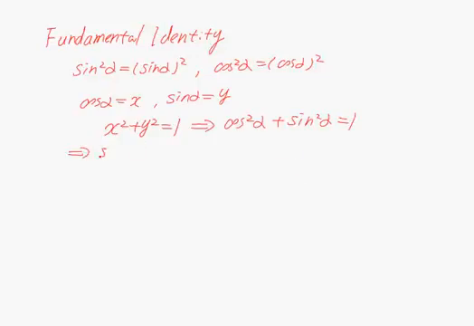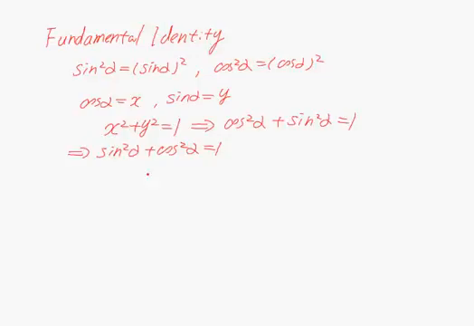Generally we write sine squared alpha first and cosine squared alpha second. This is a simple but very important and fundamental identity in this class. You need to memorize it. Even after many years, anything else you can forget, but you cannot forget this identity. If you forget this identity, that means you know nothing about trigonometry.